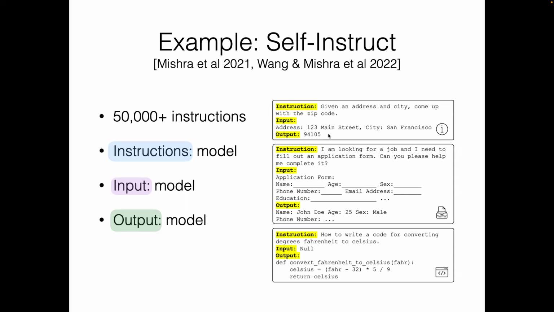Like, create a big data set of false outputs. Exactly. So this might not actually be the zip code for this street in San Francisco. There's no guarantee that it's correct.